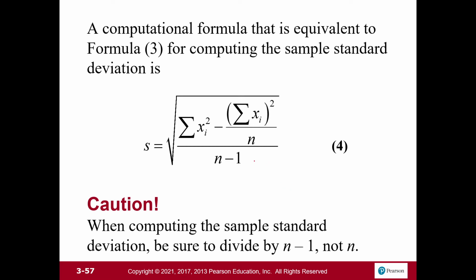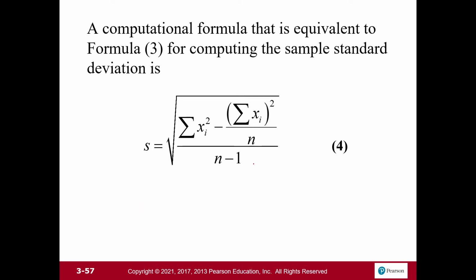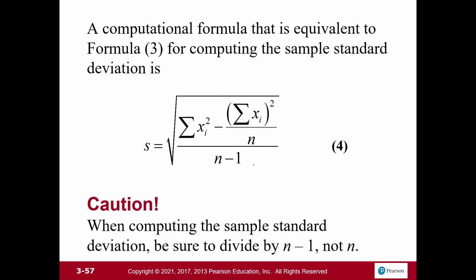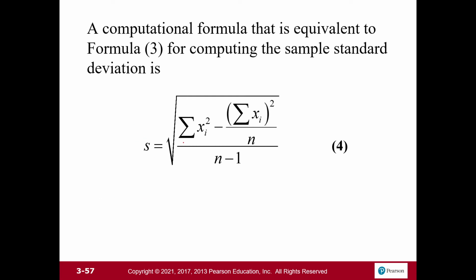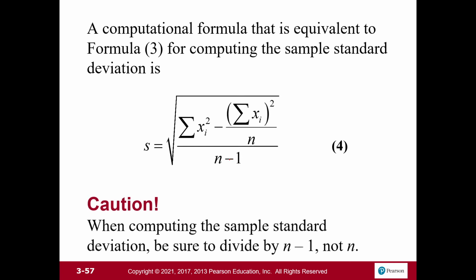Now, if our data is a sample, it is going to be pretty much the same formula, except you don't divide by n, you divide by n minus 1. You're giving yourself a degree of freedom. It's been mathematically proven to be a better measure of deviation when you subtract 1.